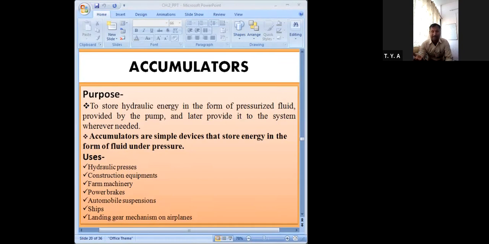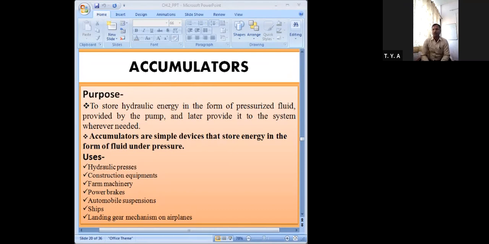Then in ships, and the landing gear mechanism on airplanes. In those sectors also, in the hydraulic system, this accumulator element is required. These are the basic examples of where accumulators are used.